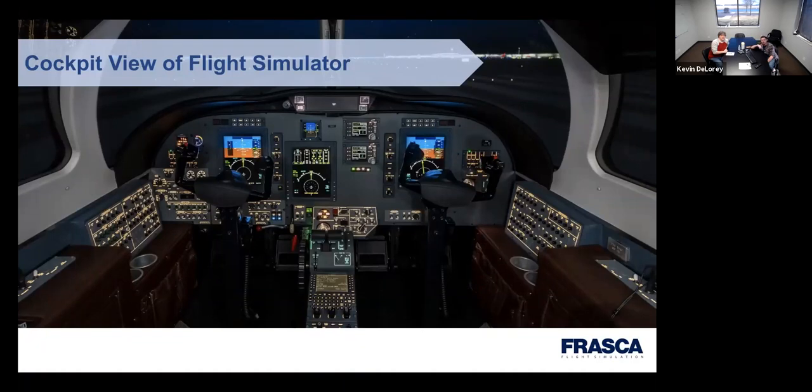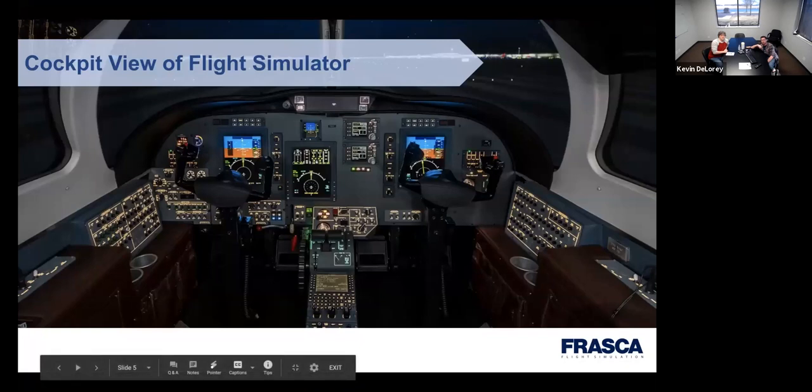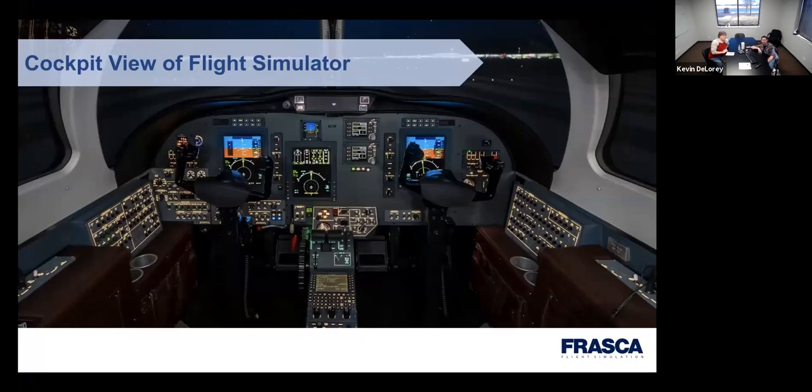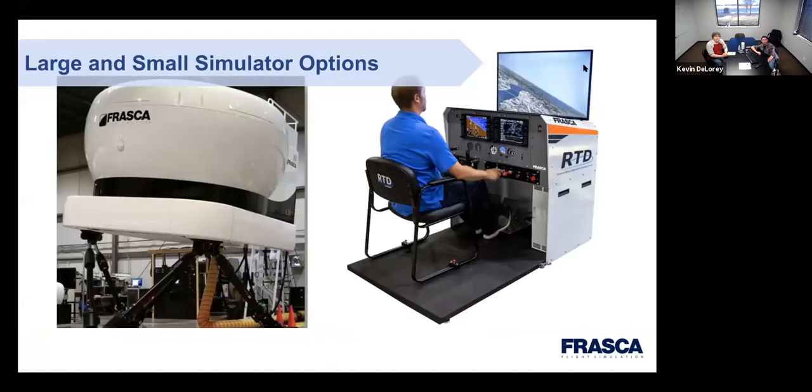All the avionics are actually stimulated, which means they are real and we feed data to them to drive them. On the left is the outside of that same sim, set up on a motion platform with a big dome.